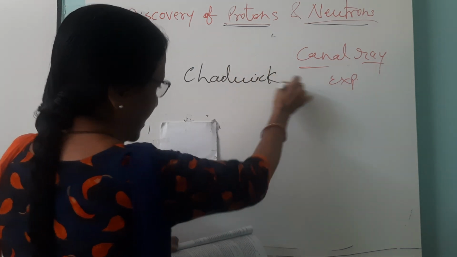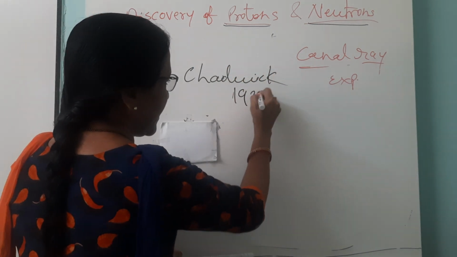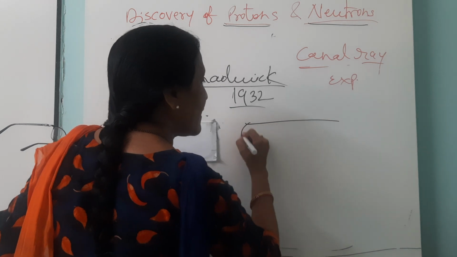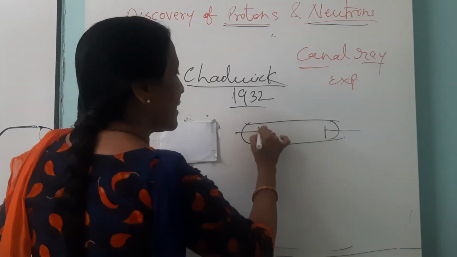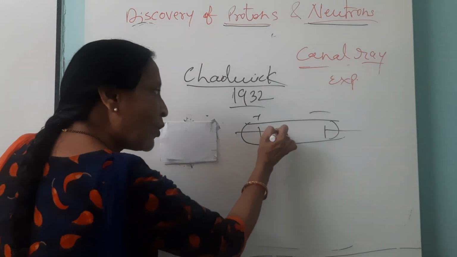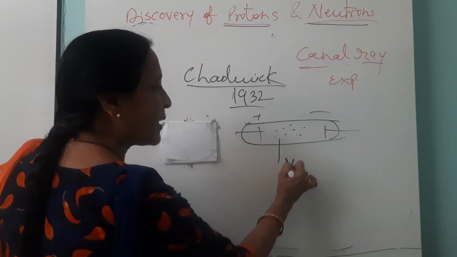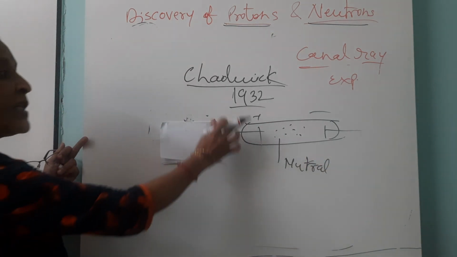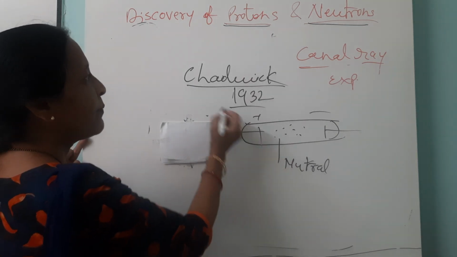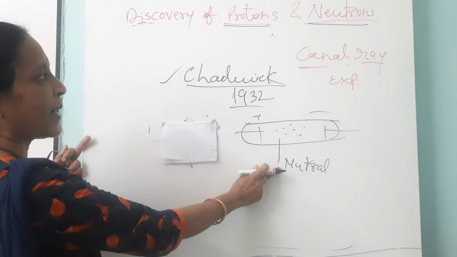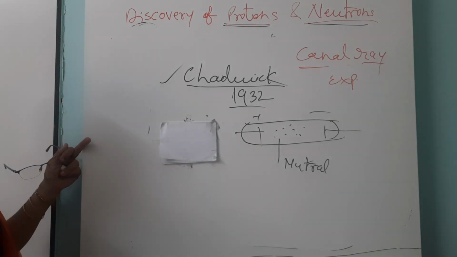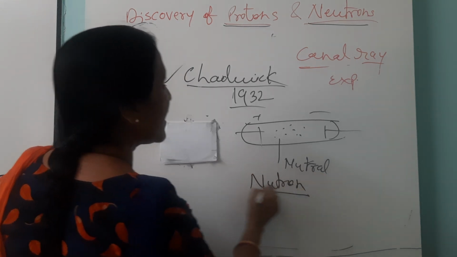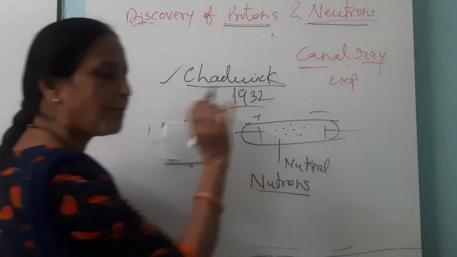Scientist Chadwick, in 1932, again using the discharge tube, where positive and negative charged particles exist on one side and the other, found that some neutral particles are also present. The discovery of this neutral particle was done by scientist Chadwick, and the name given is neutron.